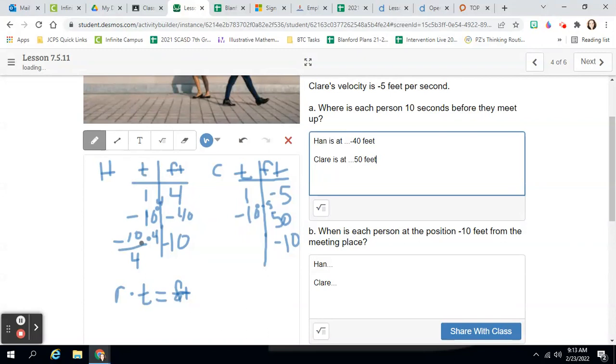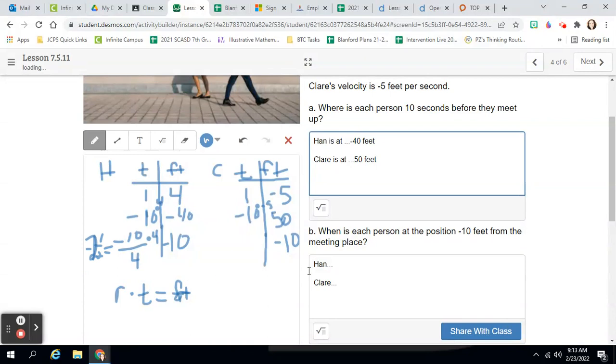So my answer is -10 fourths, or I could simplify that. I could use decimals, or I could just know, okay, if I divide these by 2, I get -5 halves, which is also the same thing as -2.5.